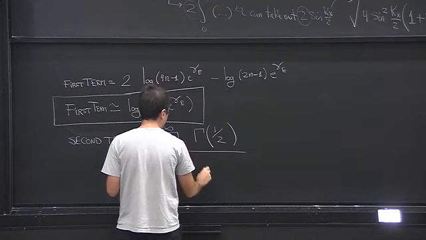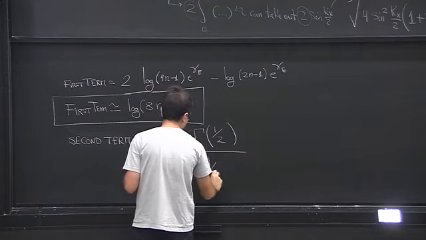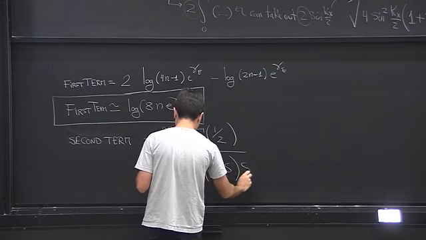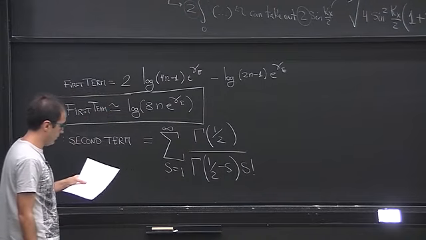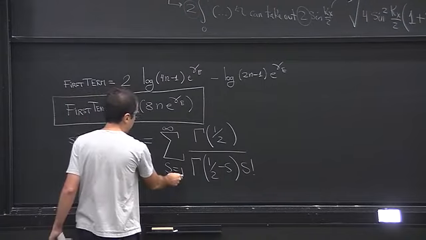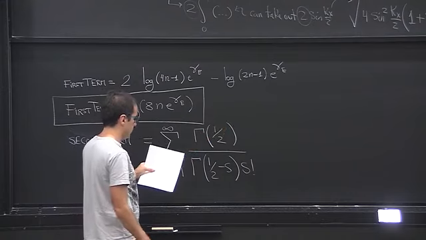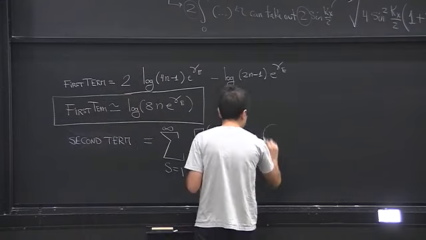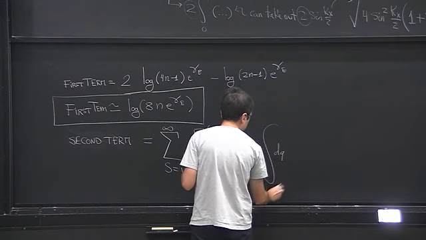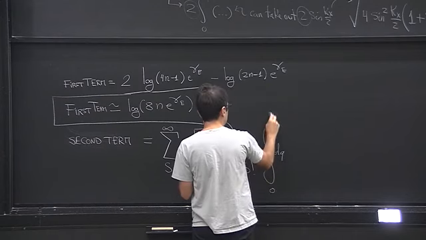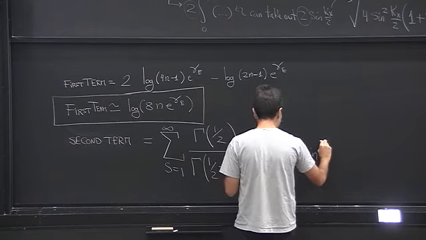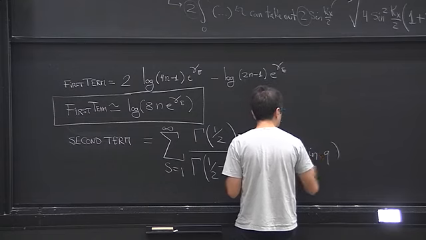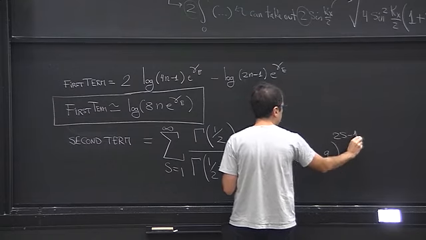Gamma of 1/2 over gamma of 1/2 minus s factorial. That's just the expansion of that binomial coefficient. It starts at 1 because we subtract the 1, so there is no term 0. And then integral dq from 0 to pi over 2 of sine of q to the power 2s minus 1.